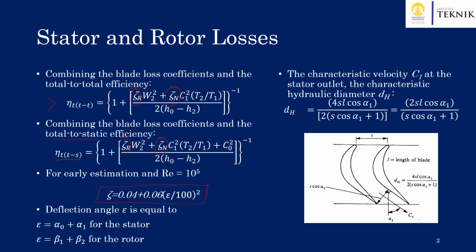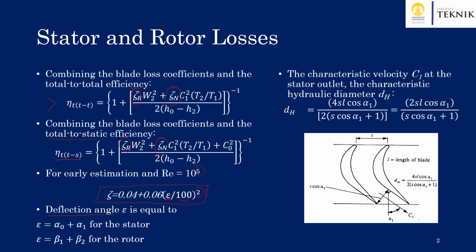When the Reynolds number is around 10 to the power of 5, we can estimate the blade loss coefficients as a function of 0.04 plus 0.06 multiplied by epsilon divided by 100, to the power of 2, where epsilon is the deflection angle.